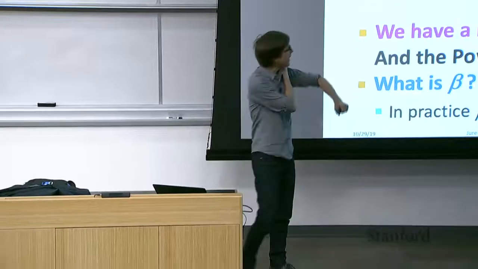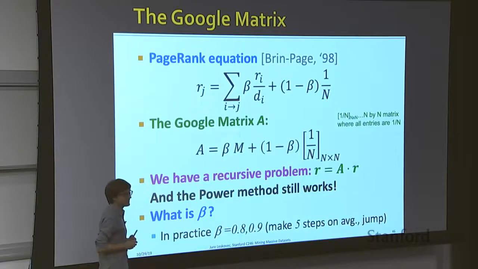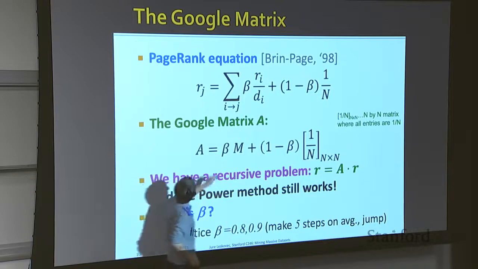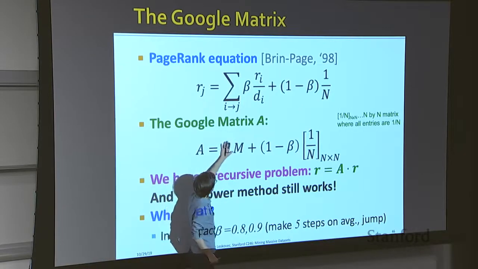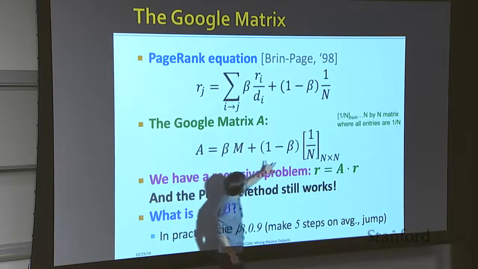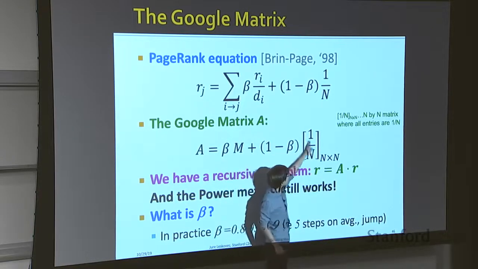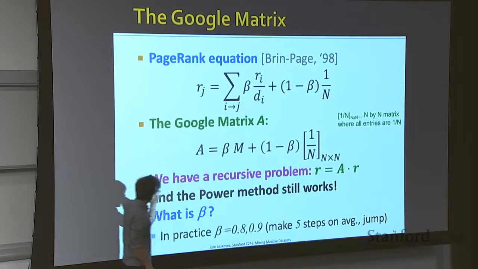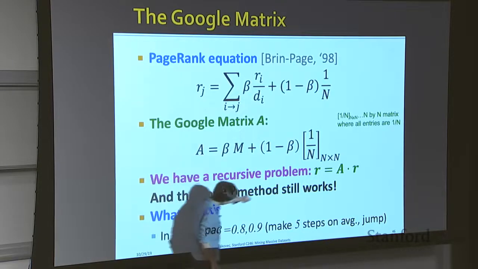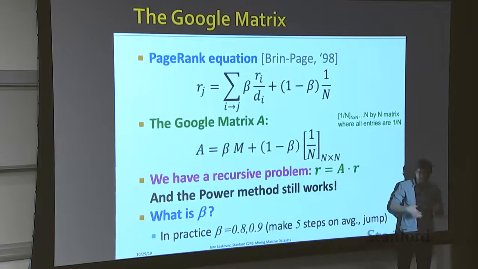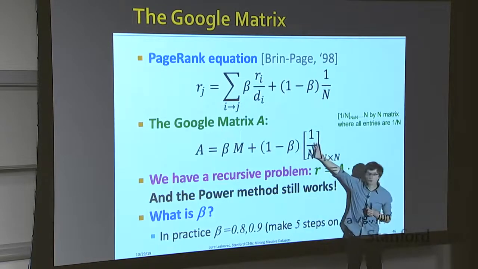All right, so this is the equation I had from the previous slide. If we now want to write this in linear algebra, we have to define this new matrix A that is called the Google matrix. And the Google matrix will be beta times M, this is the M we had before, plus this matrix of random walk destinations, 1 minus beta times 1 over n, right? And if I write A in the following way, then now I can rewrite my r equals M times r as r equals A times r, where A is now this matrix, right?